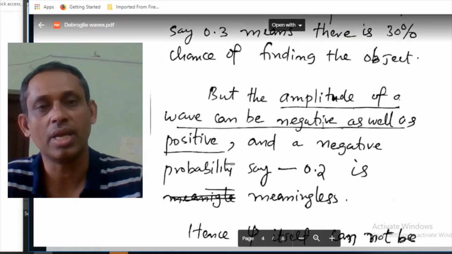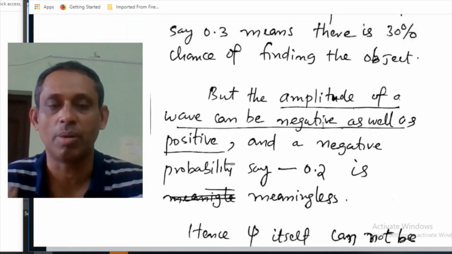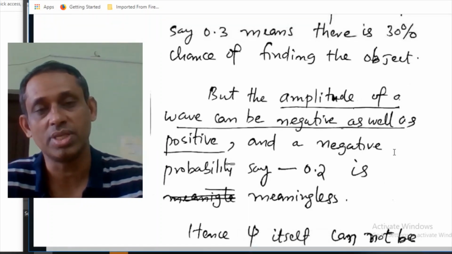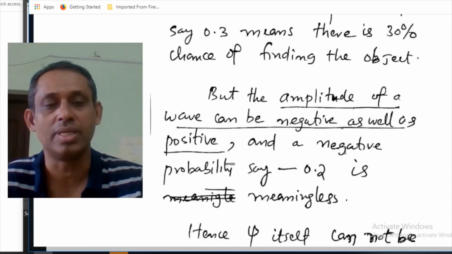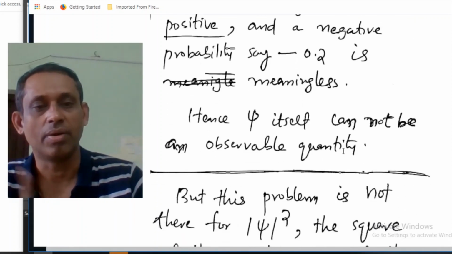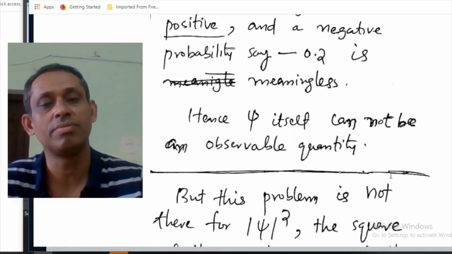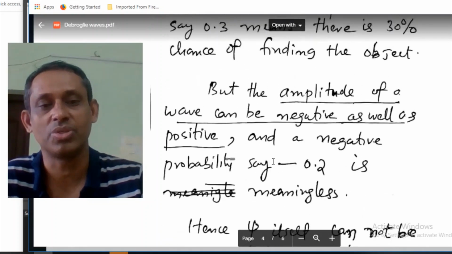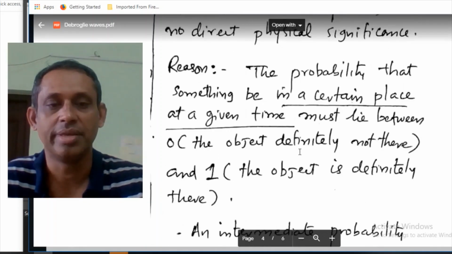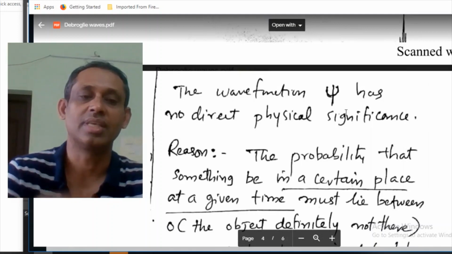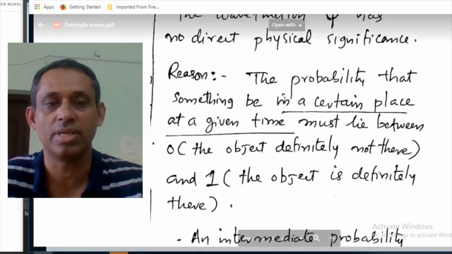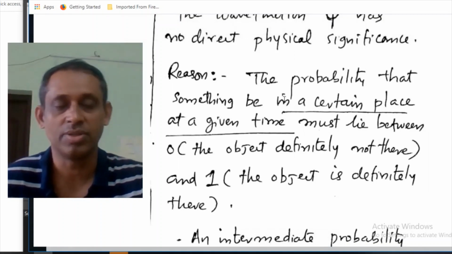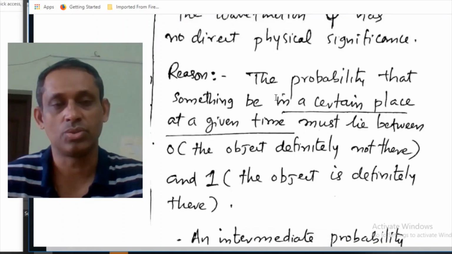So psi cannot be directly related to the probability, and hence psi itself cannot be an observable quantity. So the wave function psi has no direct physical significance, because it would have to be related to the probability that we saw first.